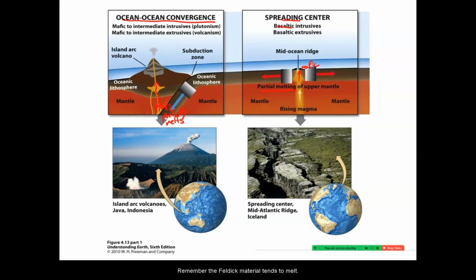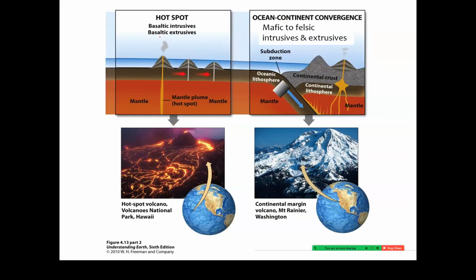Because remember, the felsic material tends to melt a little easier than the mafic material does, which is going to make part of that intermediate in composition. At hot spots, it's much like the divergent boundary, where these mantle plumes are going to partially melt the surrounding material in the mantle and also the crust, and it's going to produce basaltic material as a result.